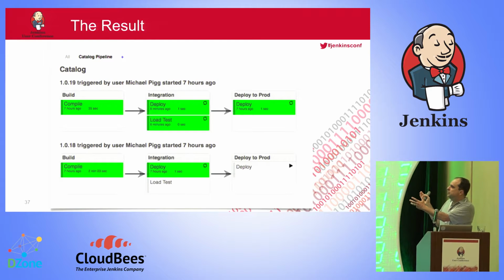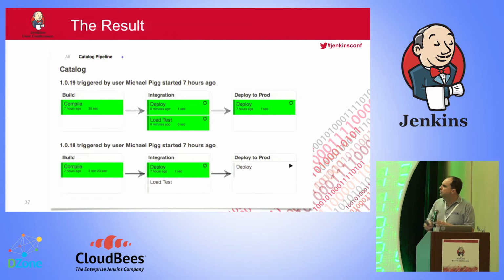We have this nice connection now, this nice visualization between the jobs. And you can see on these tasks here that have run already, that thing on the right-hand side is the refresh button that lets you execute the task again.